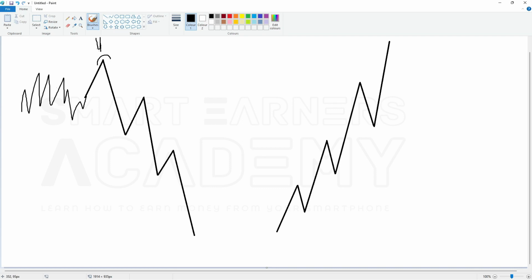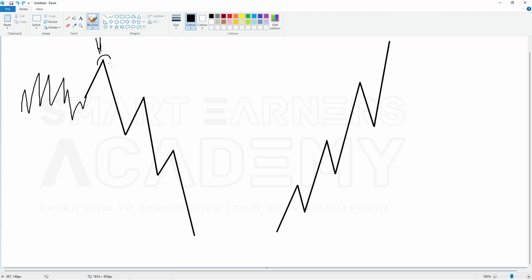Here, this is a high because it's the point at which price was at its previous highest point before it went down. If that's unclear, it will be more clear on the actual charts.